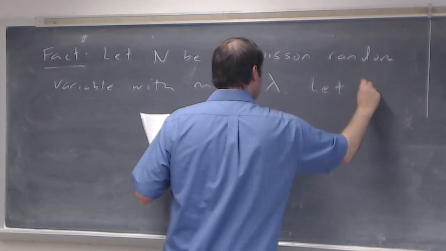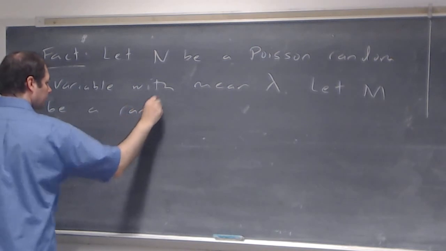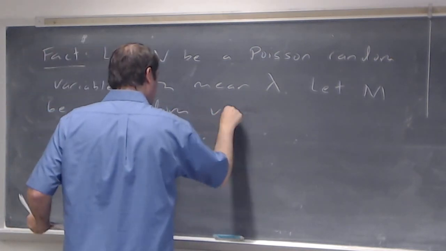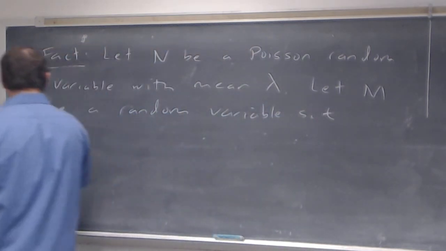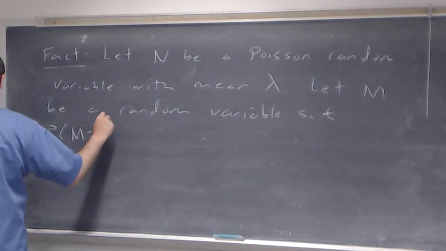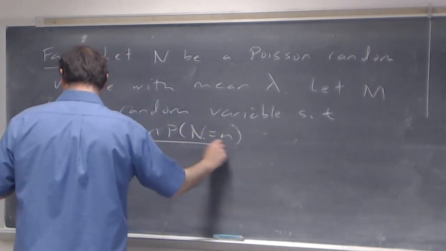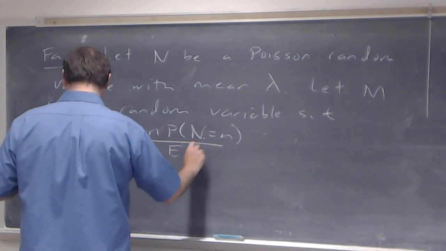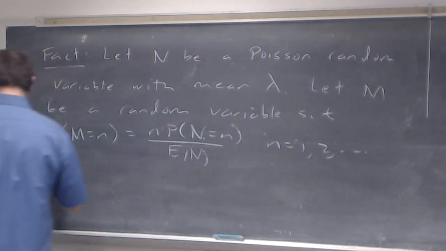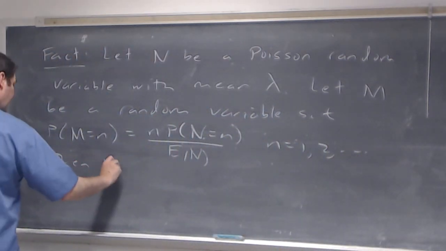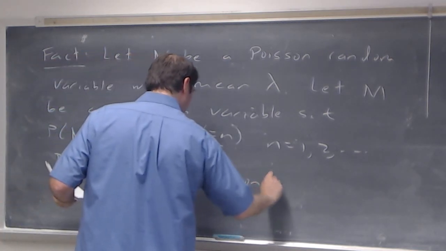Let M be a random variable such that the probability that M equals n is equal to n times the probability that big N equals n over the expected value of N. And here n is equal to 1, 2, 3, forever. Okay. Then M minus 1 is Poisson with mean lambda.